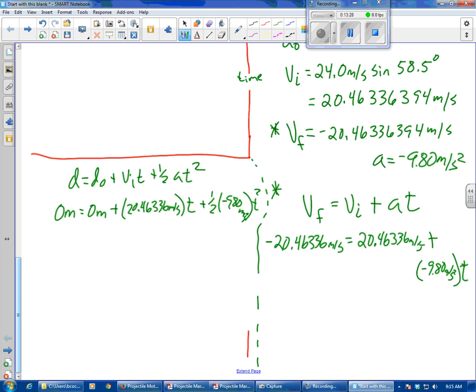So I divide everything by T, I get 0 meters equals 20.46336 meters per second minus 1/2 9.80 meters per second squared T. If I do either of these out, I'm going to get the same exact answer, which will be, listening?